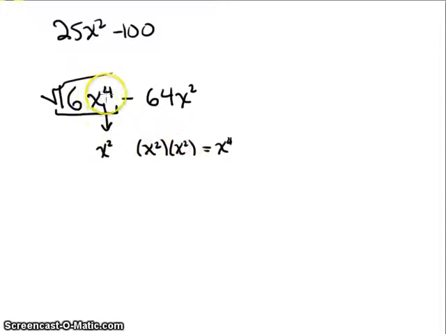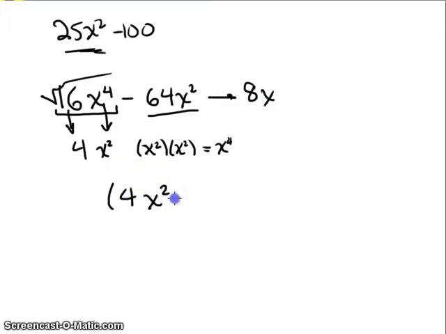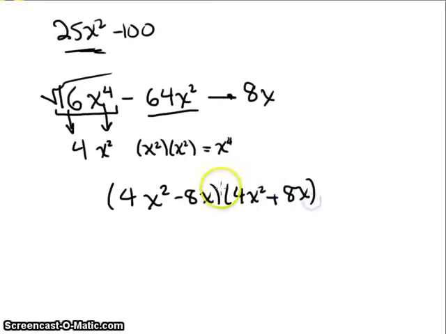So this part, x to the fourth, gives me x squared, and the 16 still gives me, for square root, 4. Over here, this looks like the first term that I had in this kind of expression, and so we know that that part right there is going to be 8x, and so the factorization here is 4x squared minus 8x, 4x squared plus 8x for that one.